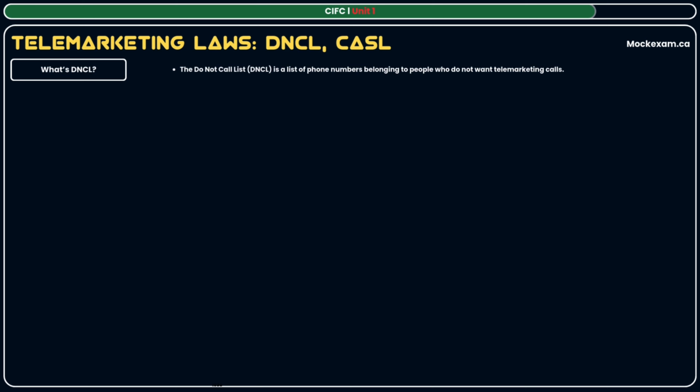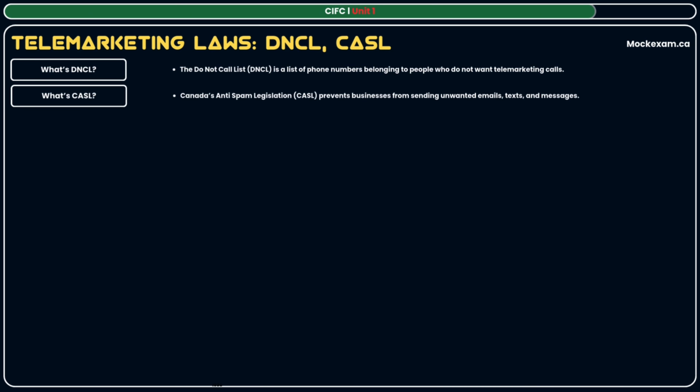You cannot call them and sell something because they are in the DNCL list. And what's CASL? It's Canada's Anti-Spam Legislation. CASL prevents businesses from sending unwanted emails, texts, and messages to people.